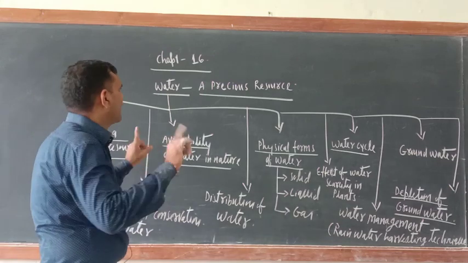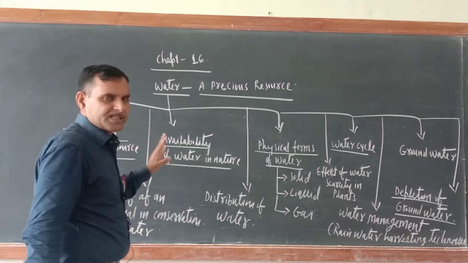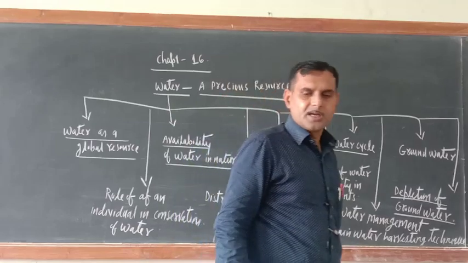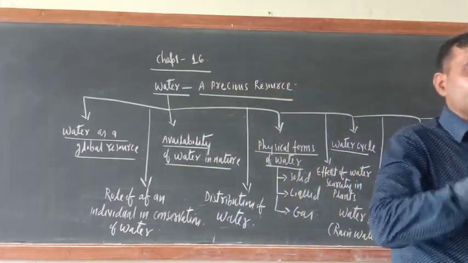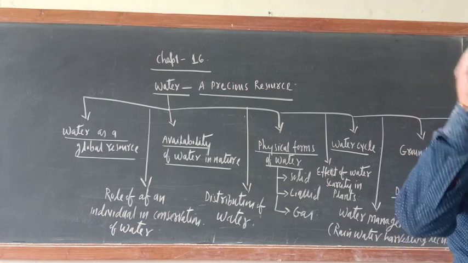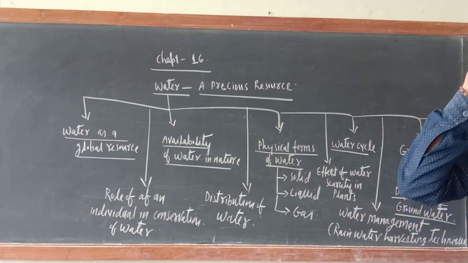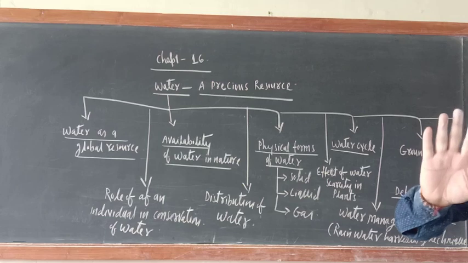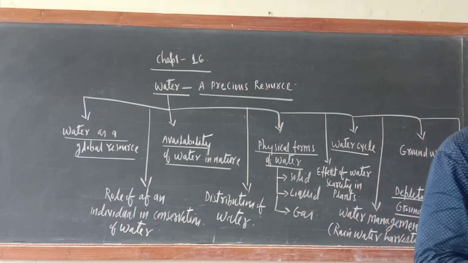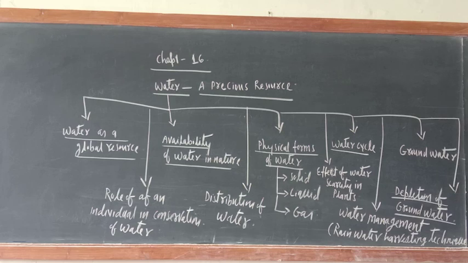So mentally be prepared to study this chapter, that is chapter number 16. Before that, you complete the NCERT exercise of chapter number 15 and the NCERT exercise of chapter number 14. Just for the time being I have put that on hold, afterwards I will complete that one also. Okay, so in this way the duration of the video is completed. Okay, thank you.